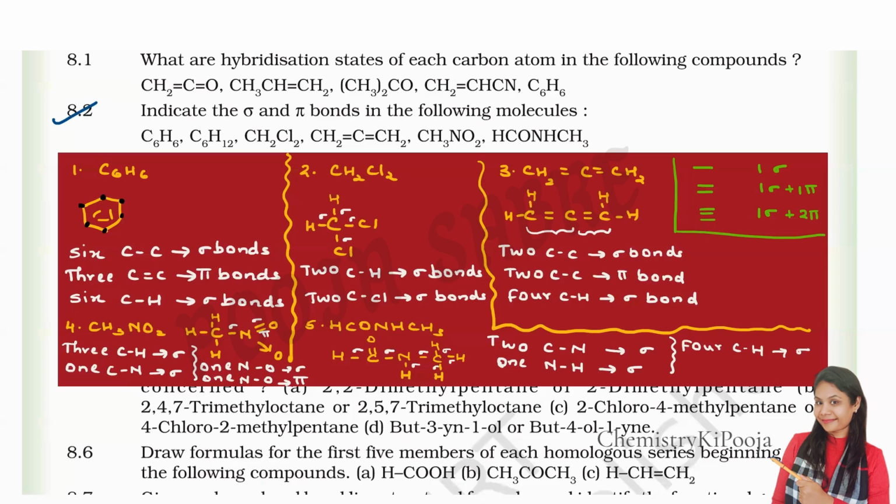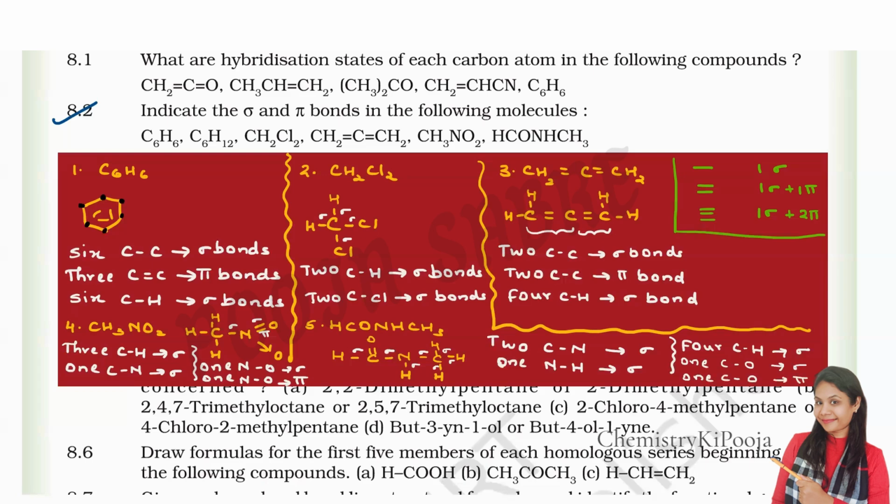So we have 4 carbon-hydrogen sigma bonds. Now what are we left with? We are left with carbon and oxygen, right? How many bonds do we have? We have 1 carbon-oxygen sigma bond and 1 carbon-oxygen pi bond.